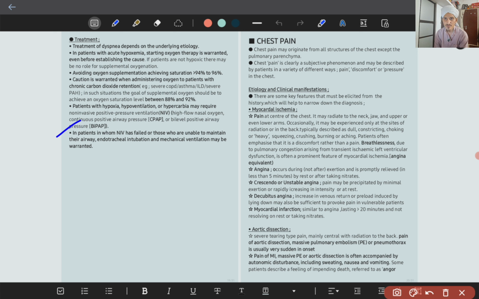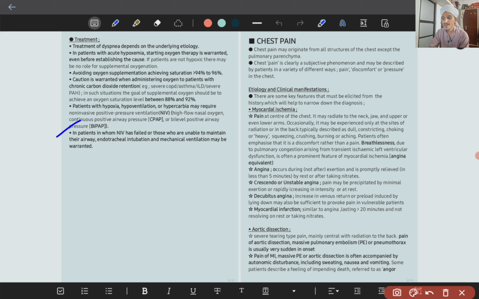And in an acute hypoxic patient, you should not go above 96% saturation. And in any patient with hypoventilation or hypercarbia, they may require CPAP or BiPAP or HFNC, high flow nasal cannula oxygen, to maintain the saturation. Or if some patients don't maintain this saturation, then endotracheal intubation has to be done to give oxygenation.